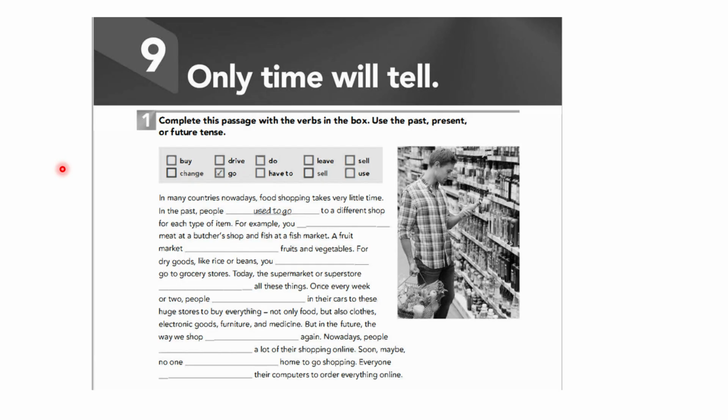In the past, a clear reference to the past, obviously, people used to go to a different shop for each type of item. For example, you blank meat at the butcher's shop and fish at a fish market.